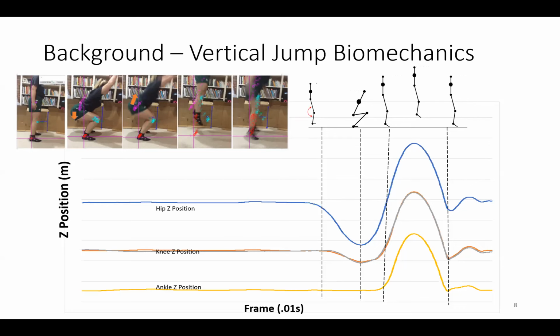First would be standing, second would be crouch, the third one would be takeoff, and then the fourth would be as you land again, and in the middle there we have peak height. So it's important to note for our project, hip position velocity, which is what we're calling initial velocity, is when your hip reaches the point that it was when you were standing originally.